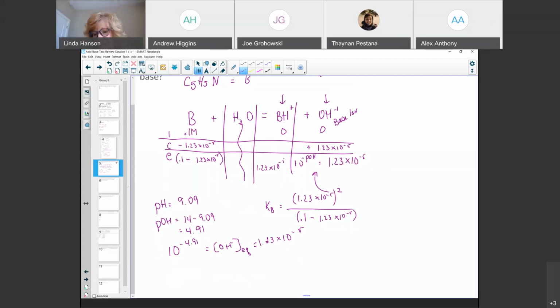And now it's just a simplistic calculation of products over reactants. And again, the reason I selected this was to remind us that at equilibrium, the pOH gives us the hydroxide ion. So let me hit that for us. 10 to the negative 5 squared divided by the difference between the two.